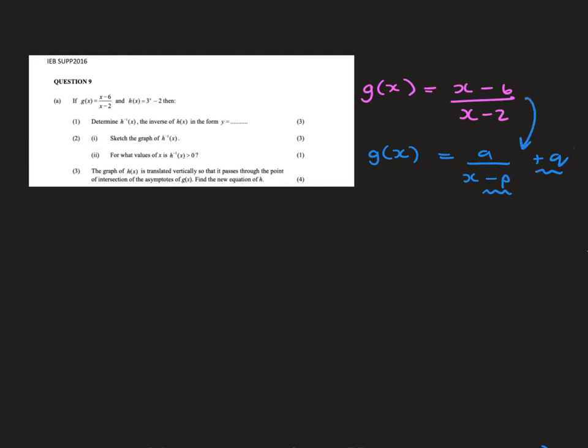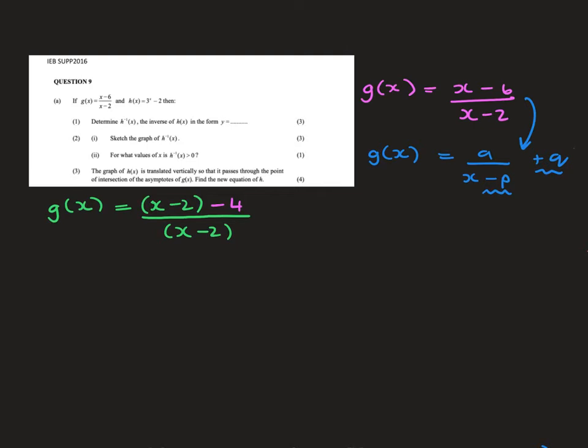And the way we go about it is actually pretty simple. So we see in the denominator x minus 2. Repeat that in the numerator. All right? So it's x minus 2. The original question had it as x minus 6. So to get from minus 2 to minus 6, I must subtract 4.